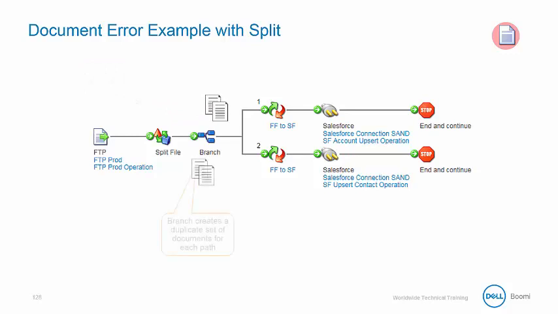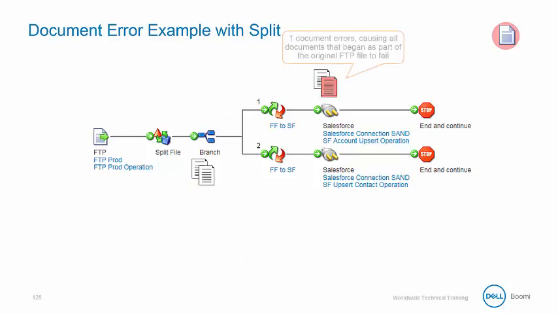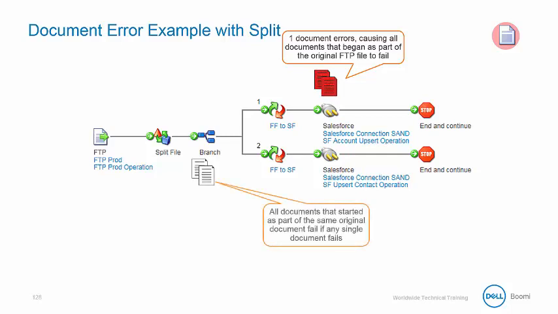The branch shape creates a copy of the documents for each path. One document errors, which causes all documents that began as part of the original FTP file to fail. And all documents that started with the original document are going to fail if any single document fails.